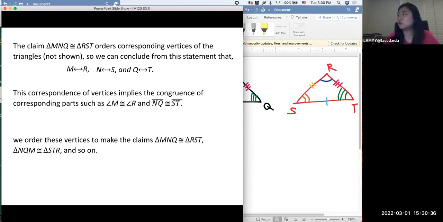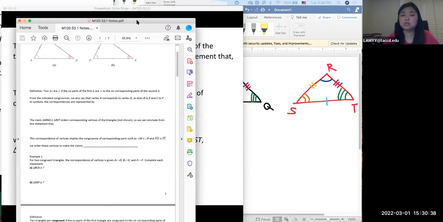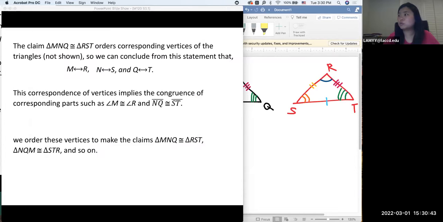Okay, write it down on your notes, okay? Your notes is missing the statement here. Okay, write it down here. If you're done, try to do the example one.